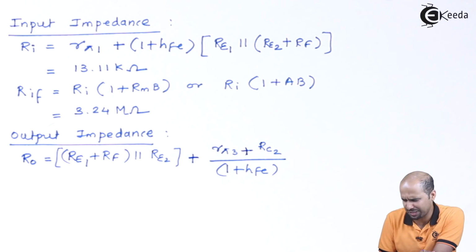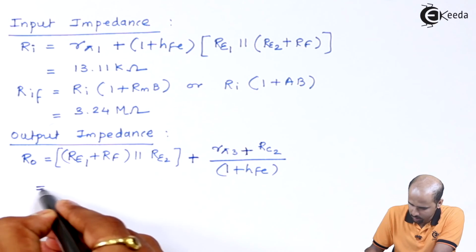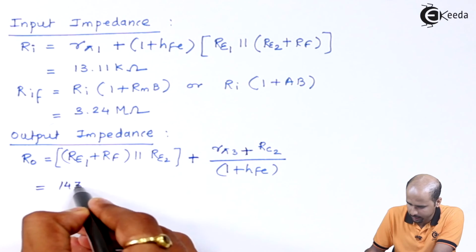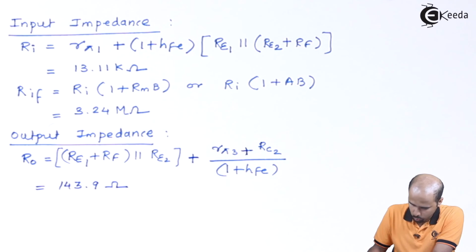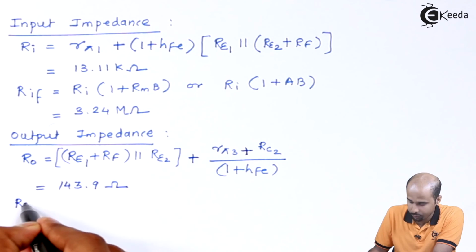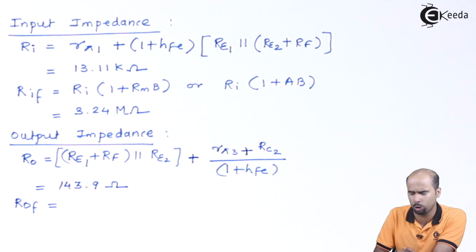Put the value of RE1, RE2, RF, R pi 3, RC2, whatever value is given in the numerical. And that Ro is coming out to be 143.9 ohm. Right? Now, we don't want Ro, we want ROF.